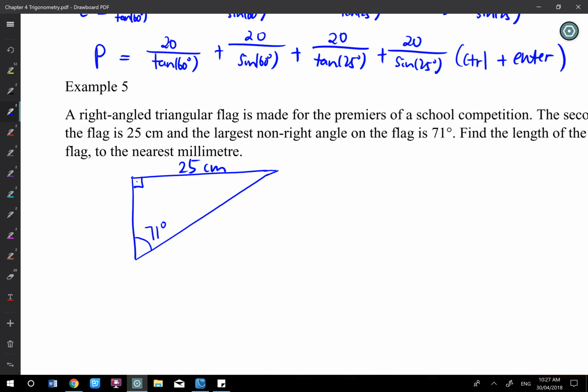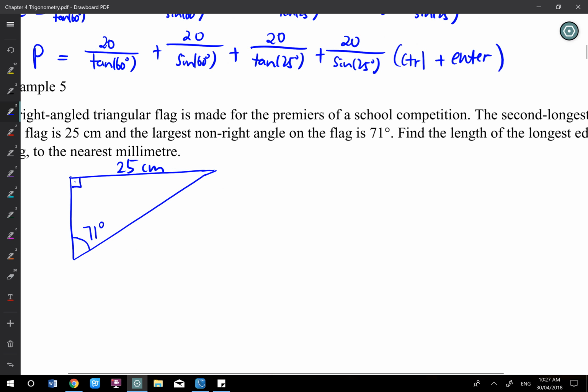If the angle is opposite to a longer length, then this angle will be larger as well. Not only in a right angle triangle, in any triangle, if you are opposite to a longer length, then the angle itself will be larger. So the 71 degrees will be here.